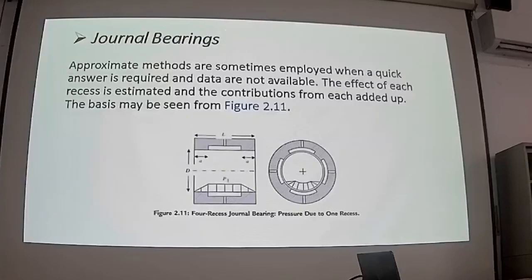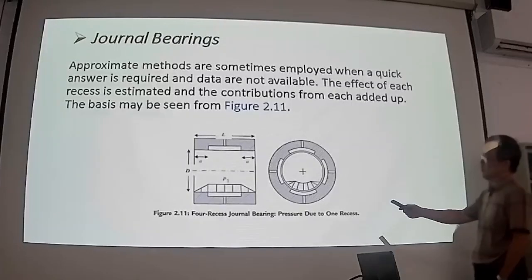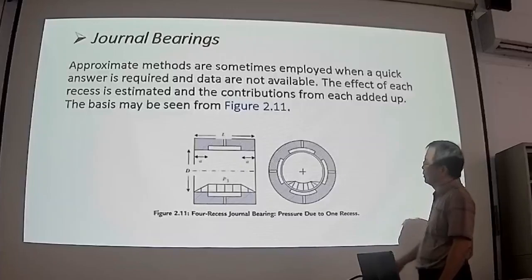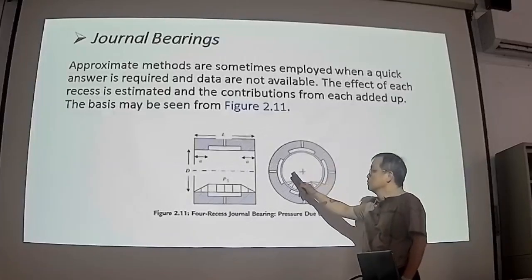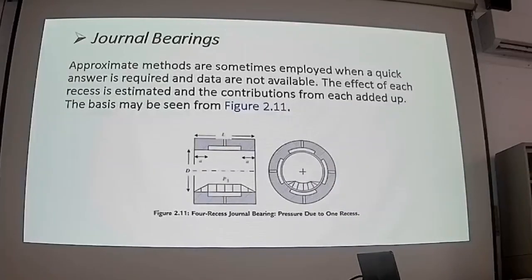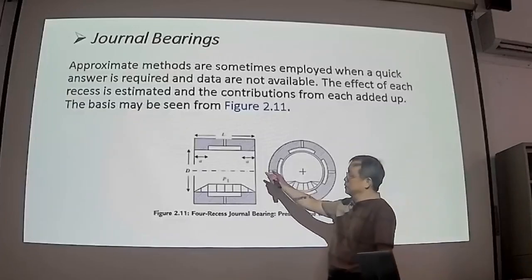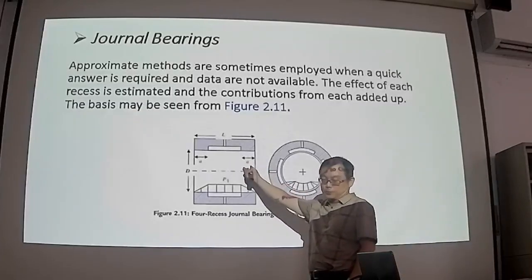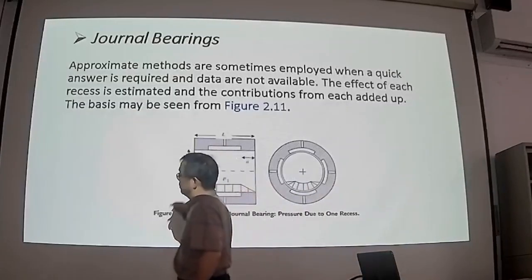A four recess journal bearing design. Okay, we have a four recess journal bearing. So later, I think in chapter 3 or chapter 4, we will tell you this A must equal to a quarter of the area. Okay?